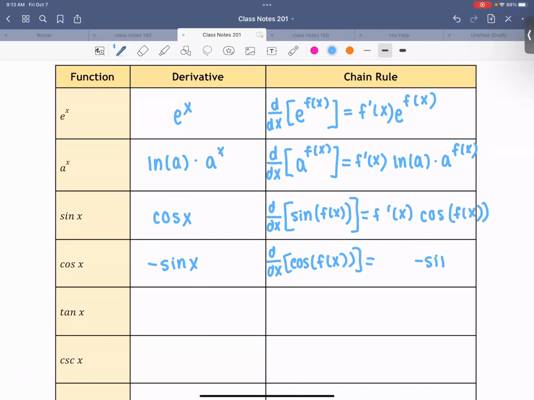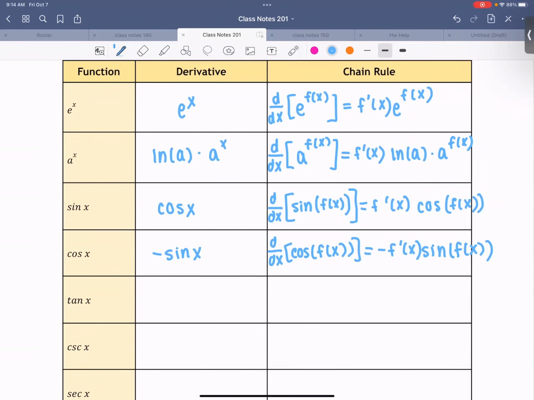Negative sine f of x, right? And I would multiply it by its derivative f prime of x. To make things a little bit neater, I'm going to take the negative out up front and multiply it over. So it's negative f prime times sine of the inside. Okay.